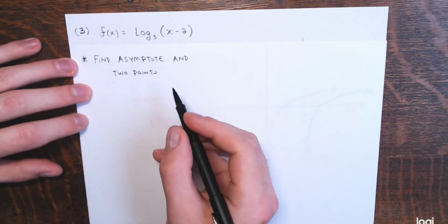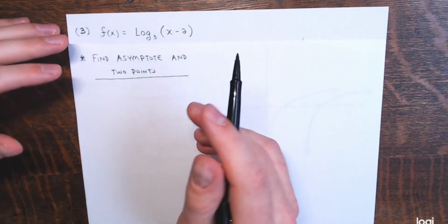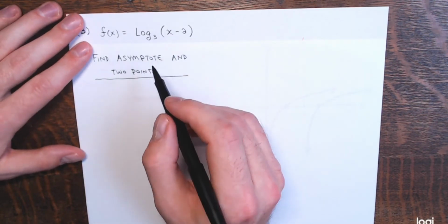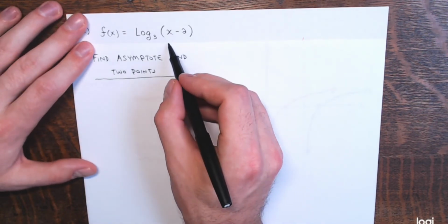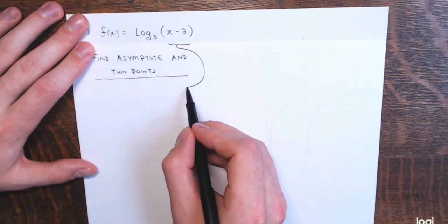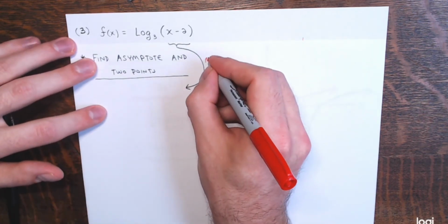Alright, so remember how to find the asymptote. I'll do the same thing where I'm going domain, range, asymptote. If you know the domain, you know the asymptote. Remember, the expression inside the logarithm, the number inside a logarithm must be positive.